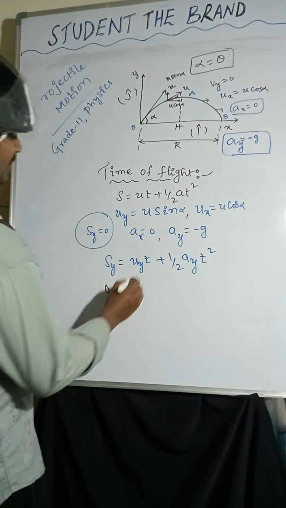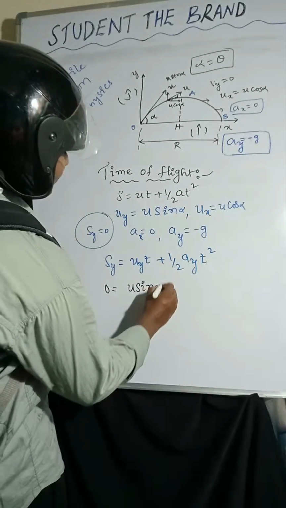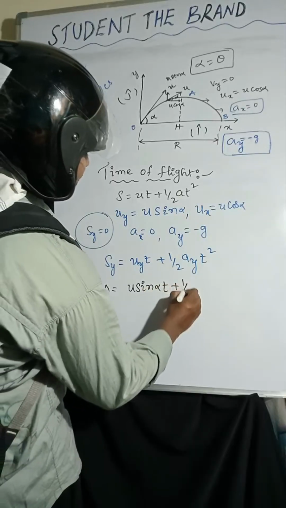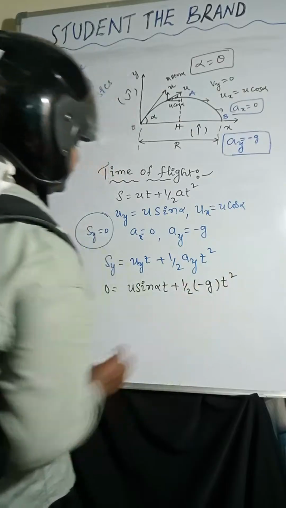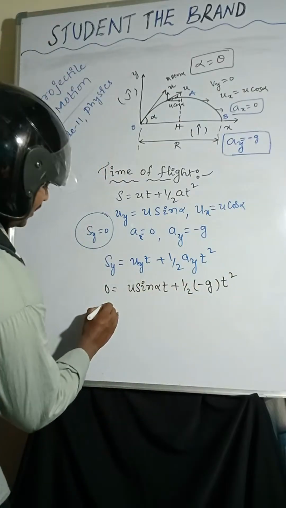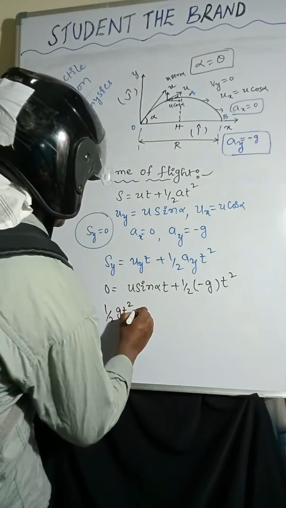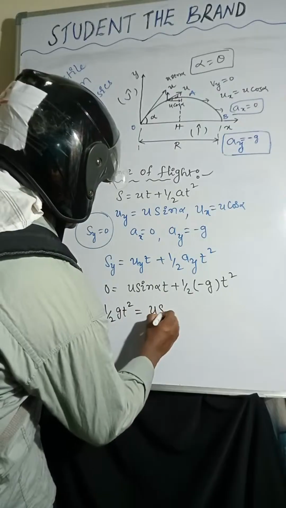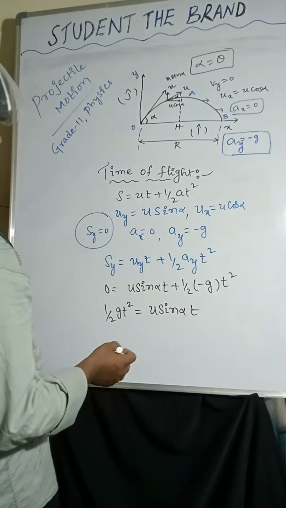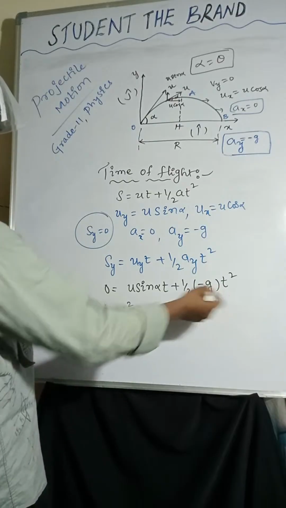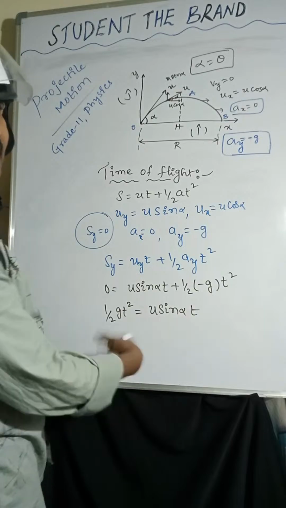Now you can see here, u sine alpha into t plus 1 by 2 into minus g into t square. So half into g into t square equal to u sine alpha into t. Anyway, you can take t common, t equal to 0, or we can cancel t.